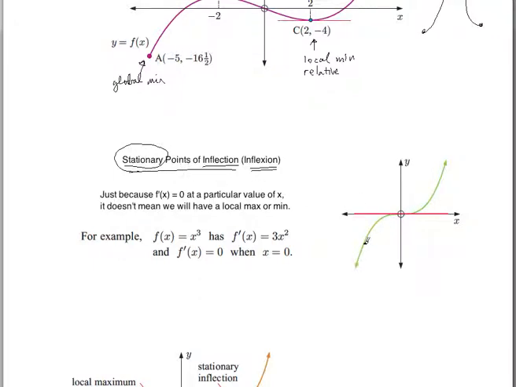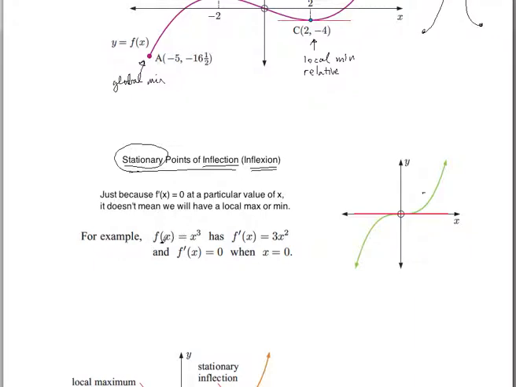So it's increasing, it stops, and then it increases and increases. On either side we have increasing on this side and increasing on this side, but the slope of the tangent line is 0 at the point of inflection.